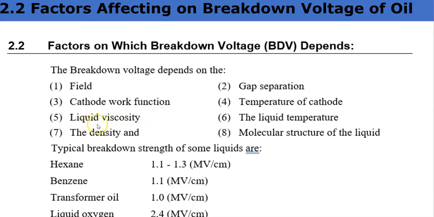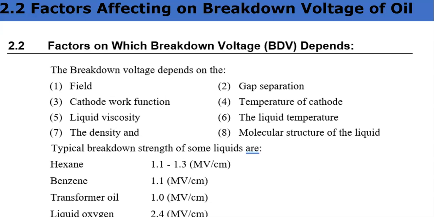Then liquid viscosity. Now in case of liquid, viscosity is very important. Okay, so how viscous is the liquid? If the liquid is too viscous, then how will electrons and molecules, means dissociations, start, and how will movement occur if the liquid is too viscous?